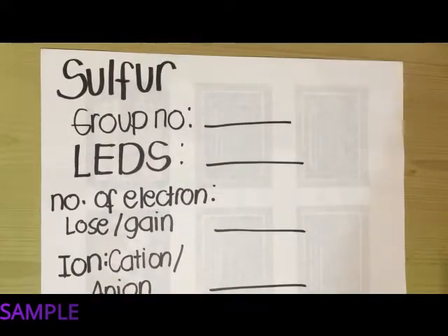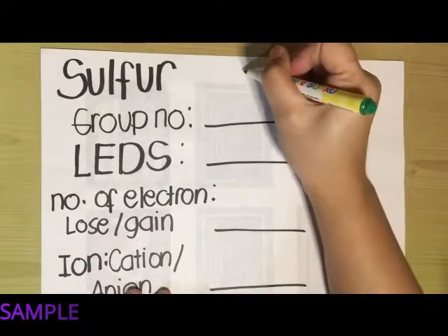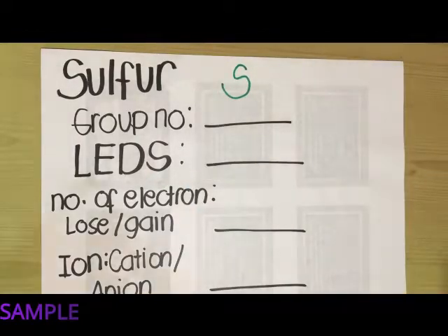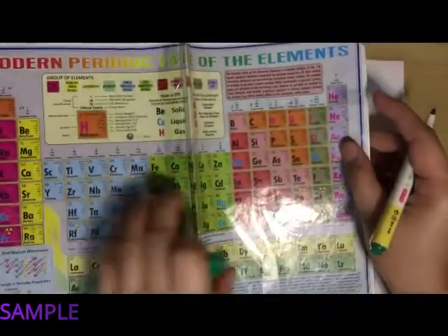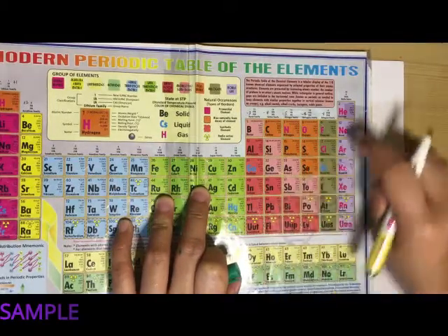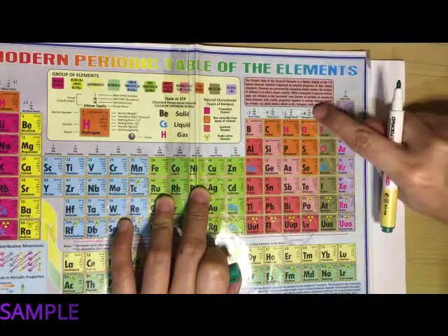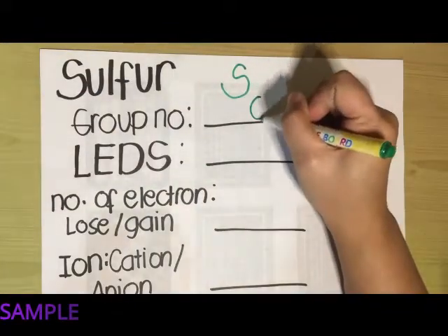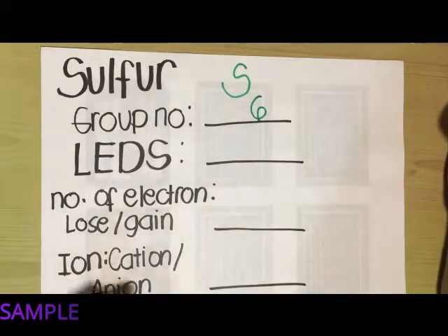Okay, another example is sulfur. S is the symbol. Group number, check natin sa periodic table kung anong group number ni sulfur. Ito si sulfur found on group 6. So, 6 yung kanyang group number, which means 6 din yung kanyang valence electron.